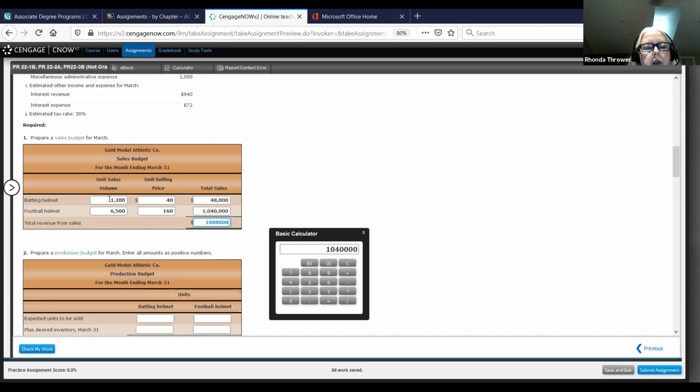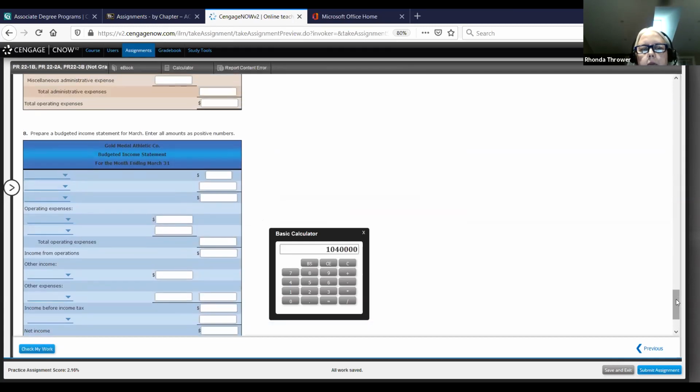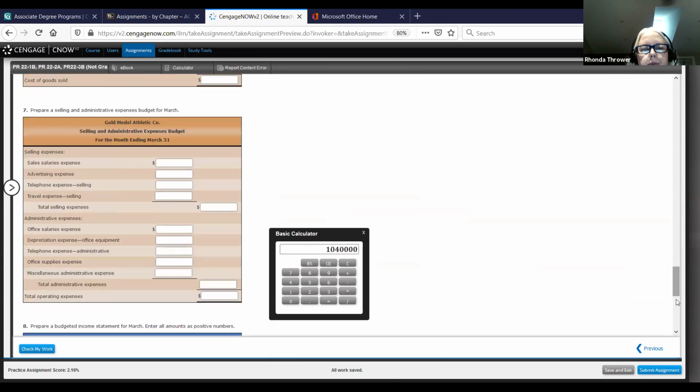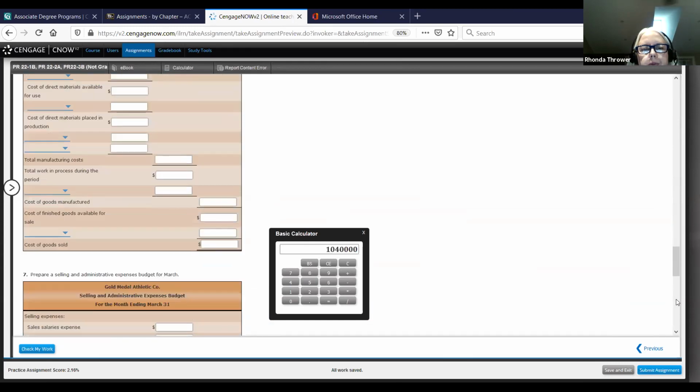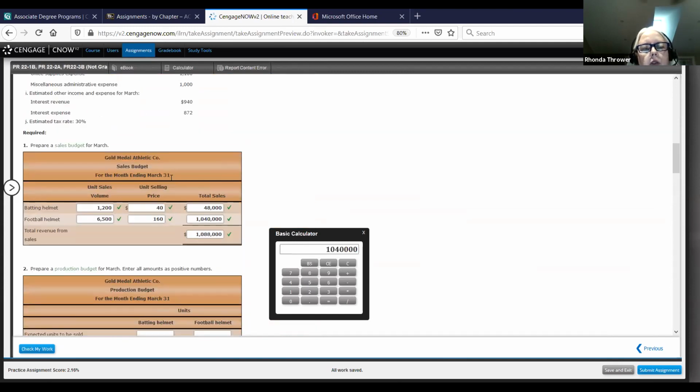It's always a good idea when you are working on a budget that has a lot of computations involved to go ahead and check your work. So I'm going to check my work, and you can see we've got the sales budget right.